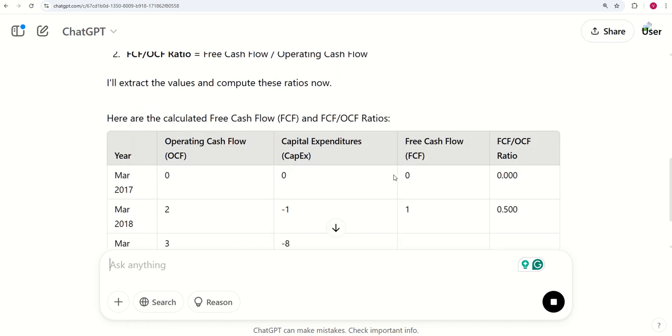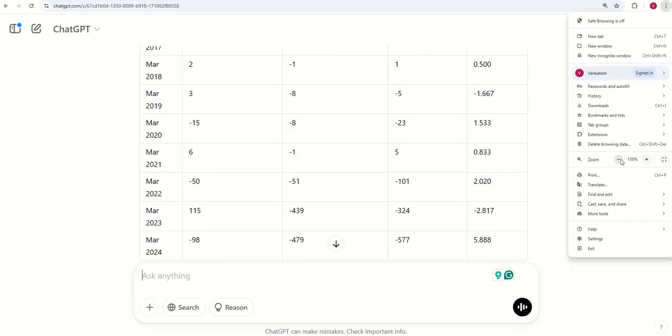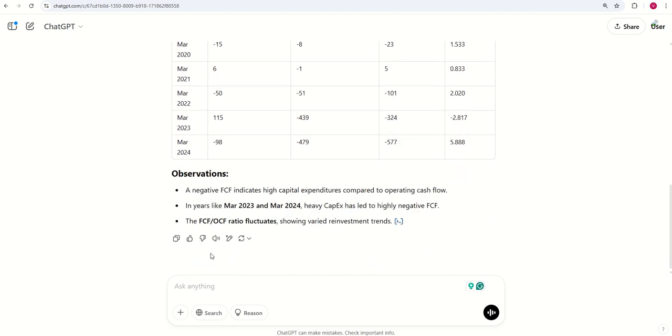Here it is calculated, year wise it's showing. Let me make it a little smaller to enable a better comparison. What I'm going to ask is, please show one sample calculation as made in March 2023.